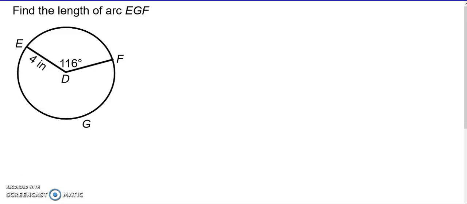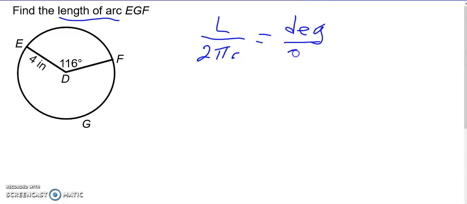All right, let's find the arc length of arc EGF. So we want arc length. That formula is arc length over 2 pi r, because 2 pi r is the circumference of my circle. Arc length is a piece of the circle, and that's going to be degrees over 360.